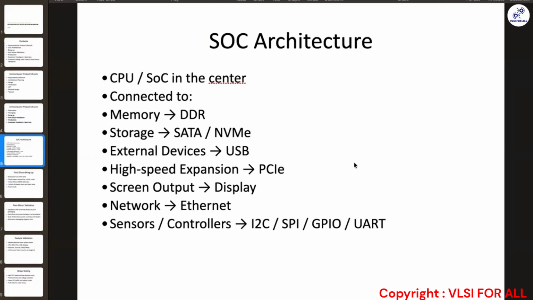When it comes to USB, the extensible controller, for example Type C, will be part of your SoC, basically inside your CPU. Whenever you connect to USB 2 and all of that, that will go to your PCH. So yeah, this is the SoC architecture.